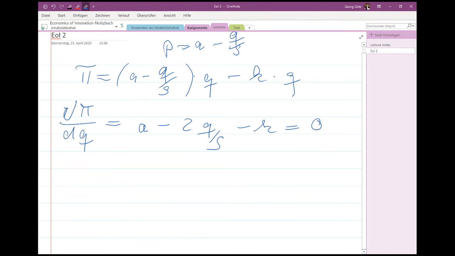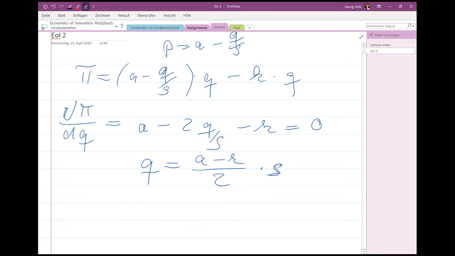So then Q would be, putting the Q on the other side, A minus K divided by 2 times S. Is that correct, hopefully?